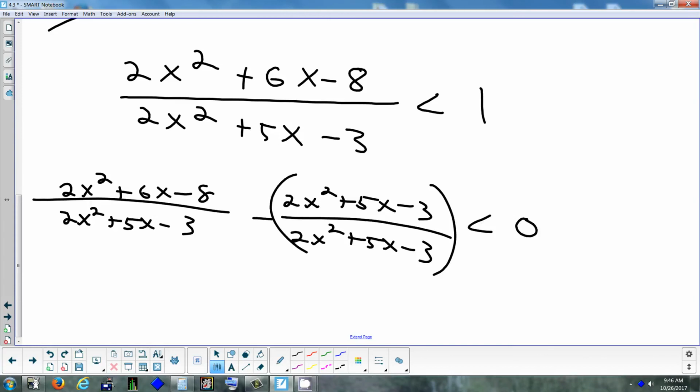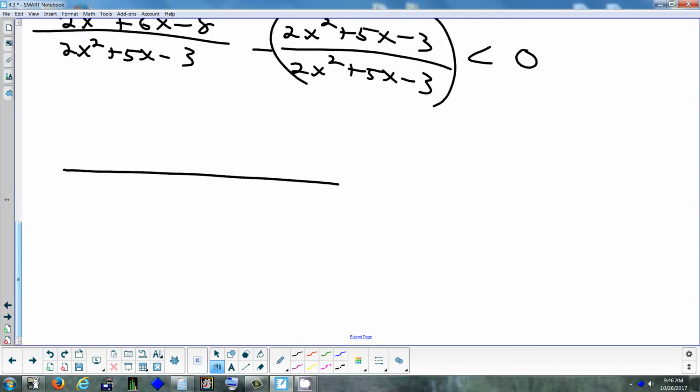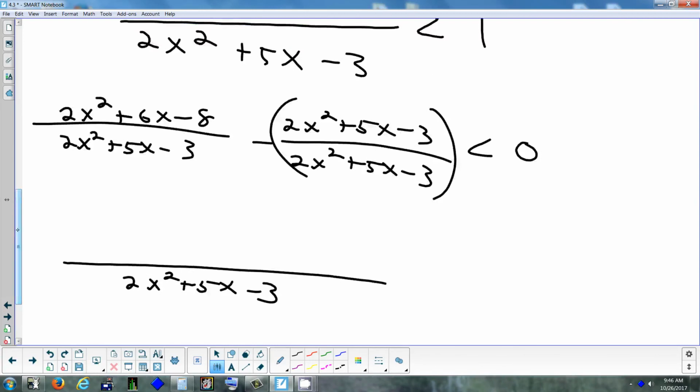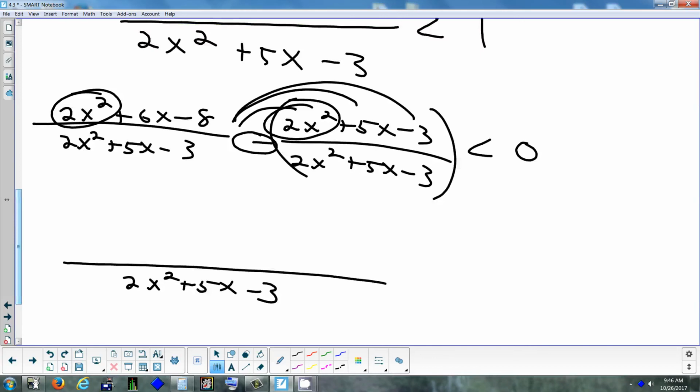Has to do with something else in the problem. Yep. So you have common denominator. Right, I wanted to have common denominators. So now what I can do is just write 2x squared plus 5x minus 3, and I can combine everything that's in the top. 2x squared minus 2x squared. Okay, that minus is distributed. Okay, remember that. What's 2x squared minus 2x squared?